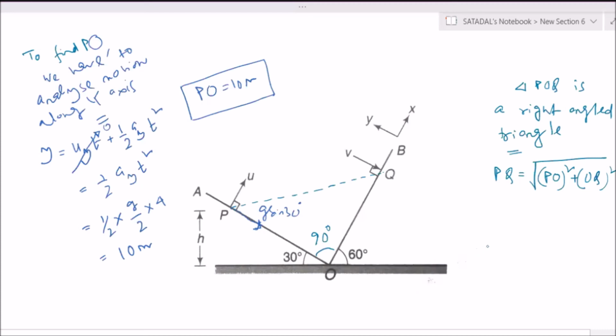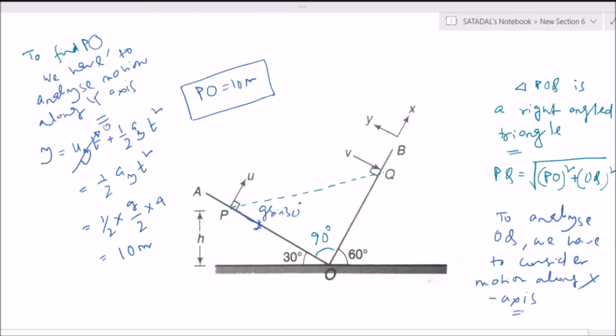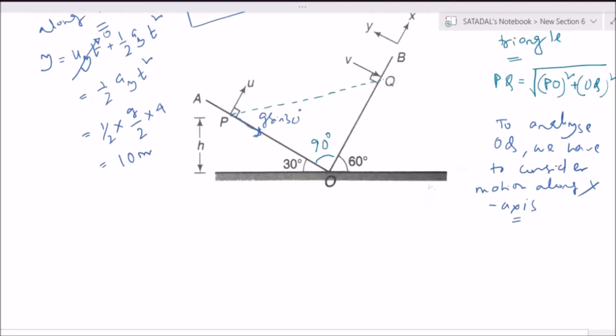So let us go for OQ now. To analyze OQ, we have to consider motion along x-axis. So same thing, we'll write x is equal to ux into t plus half ax into t square.